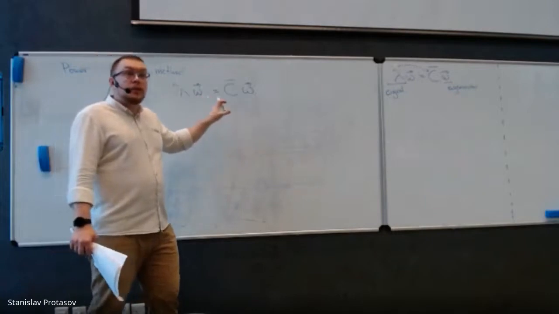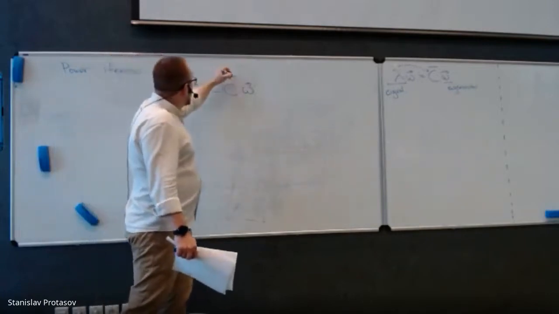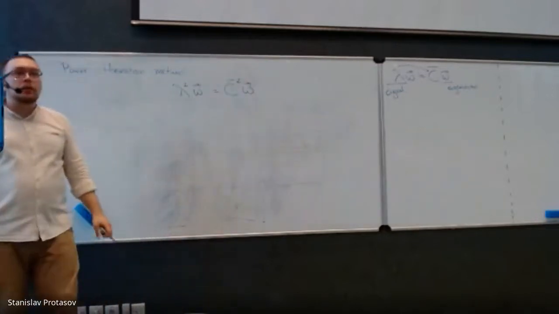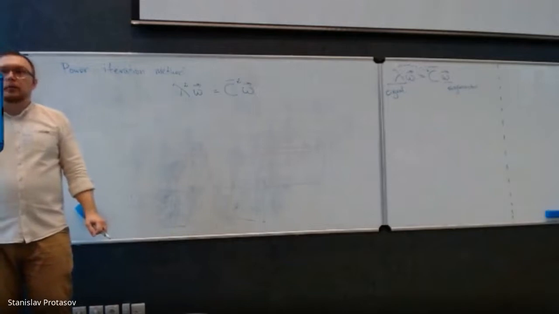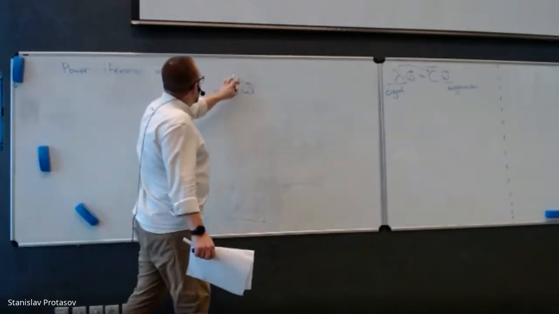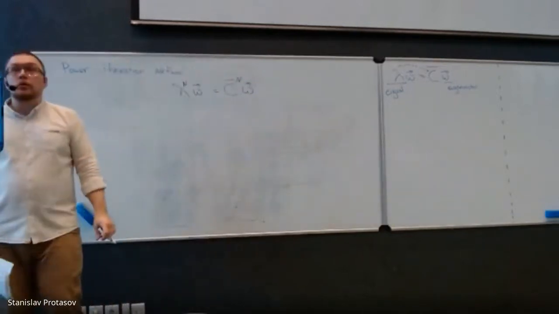So if we multiply by lambda again, it will be the same as applying our operator multiple times, two times. If we continue, we will still be able to write this equation.